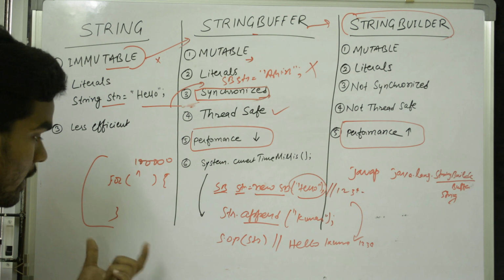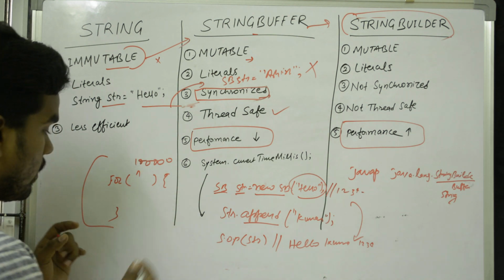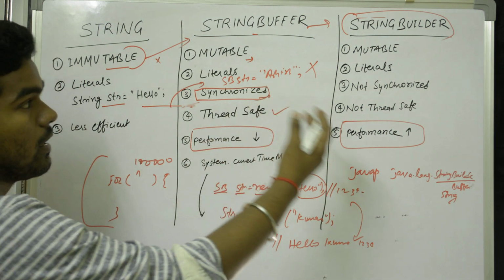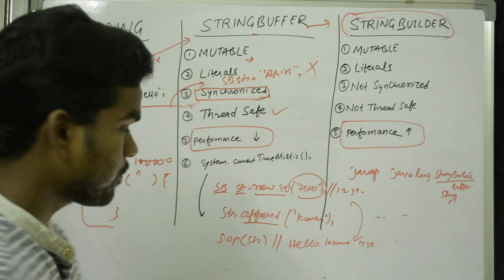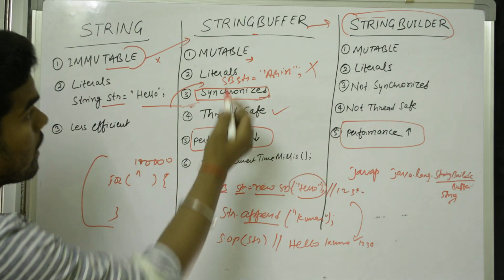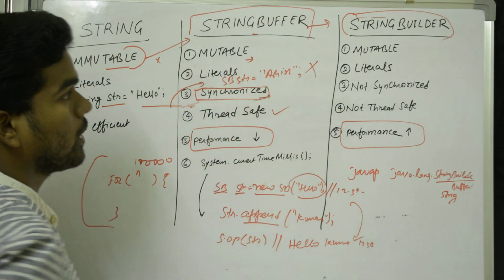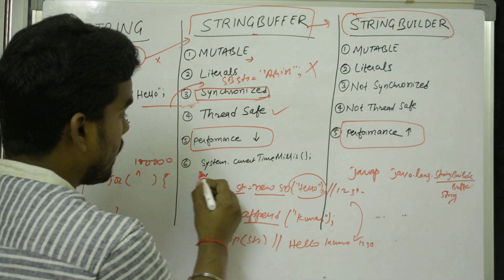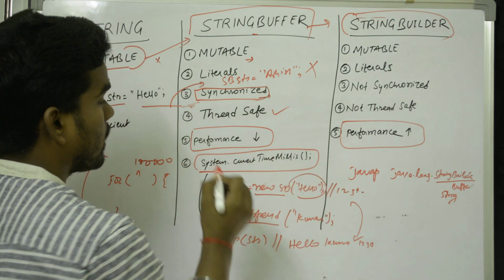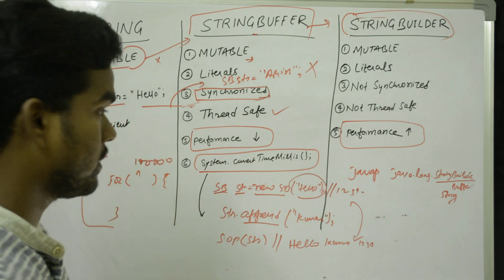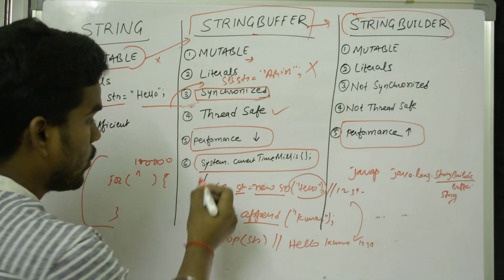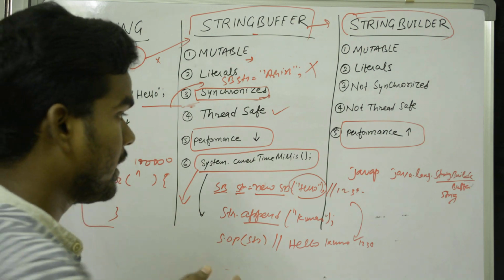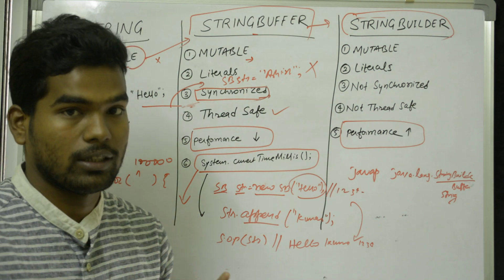So we will have the total execution time of the string builder object and string buffer object. A string buffer must take more time than a string builder. So how can you take it? Simply this is the method to fetch the current time running on your machine. You need to save it in a long variable, because that is an integer type, but long integer type.